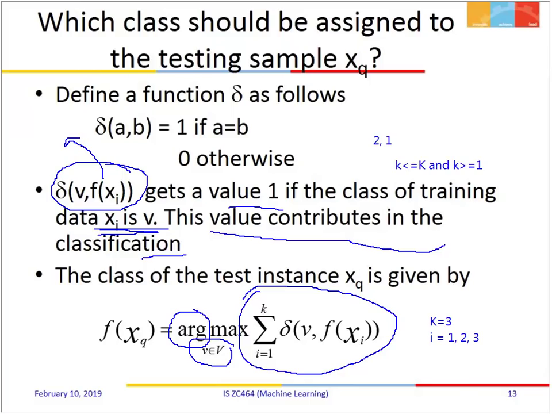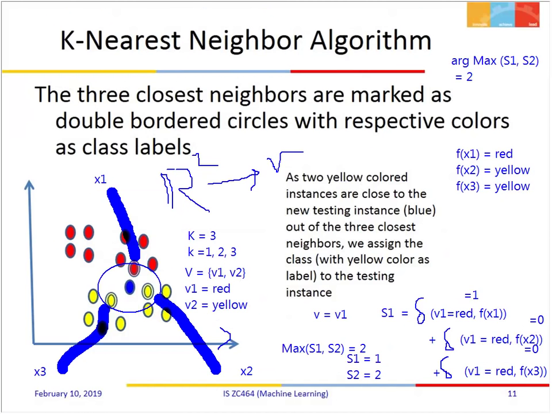So, why should we have max in this formula? I'll show you why. When you're looking at this slide 11 figure, you're finding there are 2 points which are yellow, and within the range of these 3 points, because we took capital K as 3, I'm willing to find out the larger number of points belonging to a class within this closest proximity to the test data.